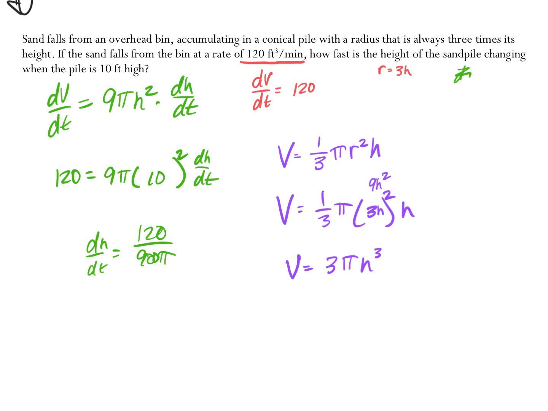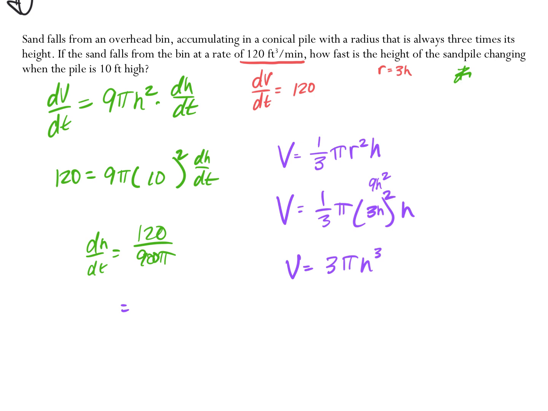Is that right? Hannah, are you good? Yeah. It's 900 pi, so 120 divided by 900 pi, which simplifies to 2 over 15 pi.